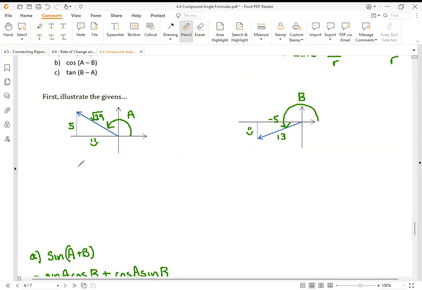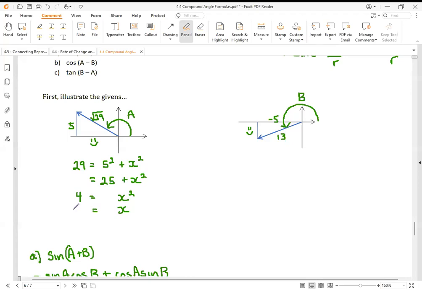So let's go solve. We've got c squared equals a squared plus b squared. So root 29 squared is just 29. That is equal to 5 squared plus the x value squared. That is 25 plus x squared. That means subtract 25 on both sides. 4 equals x squared.